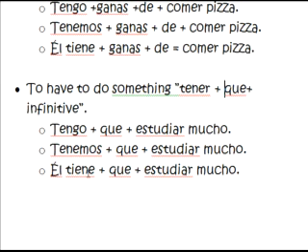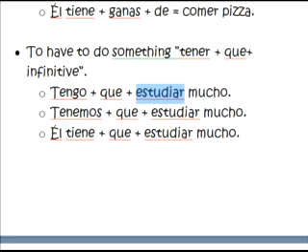I have to study a lot. Tenemos que estudiar mucho. Notice that the verb changes here. However, these do not change. Que never changes. Whatever it is that you have to do changes, but it stays in the infinitive form. And that's the way those work. Hopefully that makes it a little bit clearer for you if you can remember that particular structure.